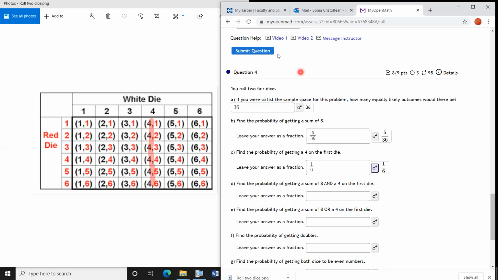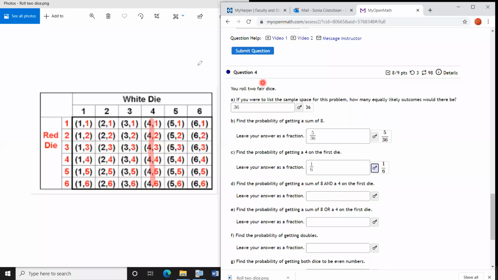However, because your information comes in a table like this, it will be probably a lot easier to simply look at these two events happening at the same time, because and means they are overlapping events. I'm looking at a sum of 8 and a 4 on the first die.